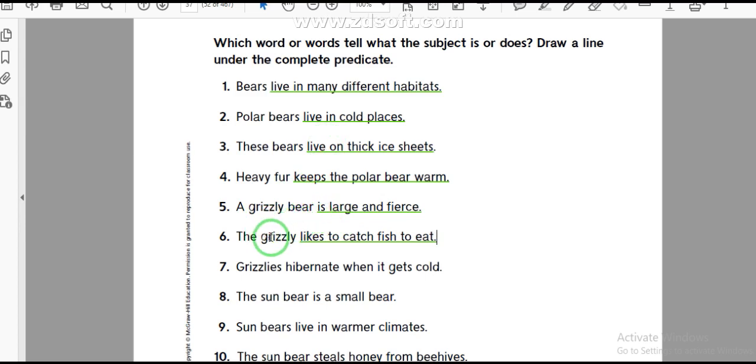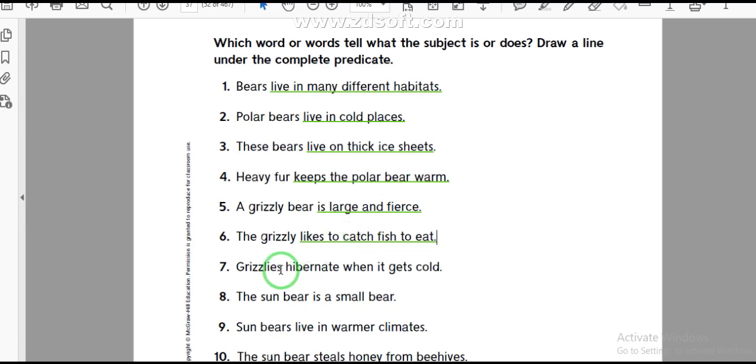The grizzly likes to catch fish to eat. Where is the complete predicate? What are they doing, or what did they say about them? Likes to catch the fish to eat, right? All of this is the complete predicate.